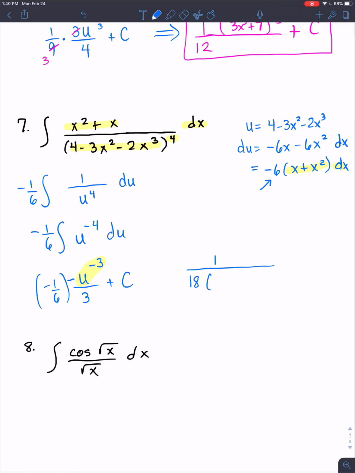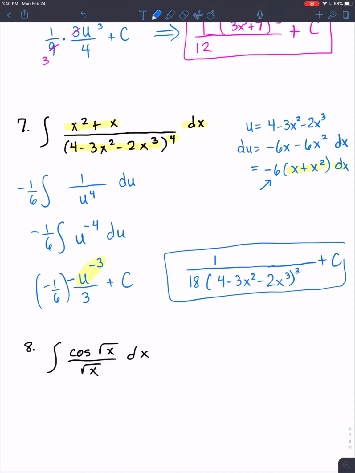So the u was 4 minus 3x squared minus 2x to the 3rd, and that's going to be to the positive 3rd power since I brought it down, and we have plus a constant. If it's easier for you to write it in the numerator and then take an extra step and bring it down, that's fine. At any point you can do that.